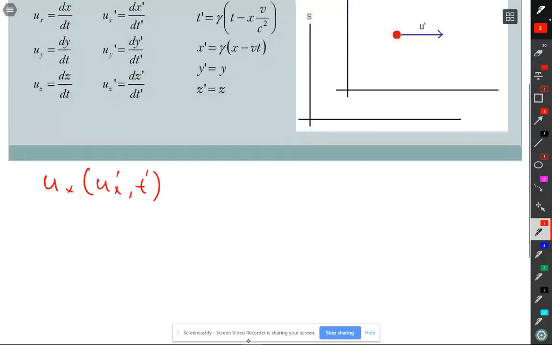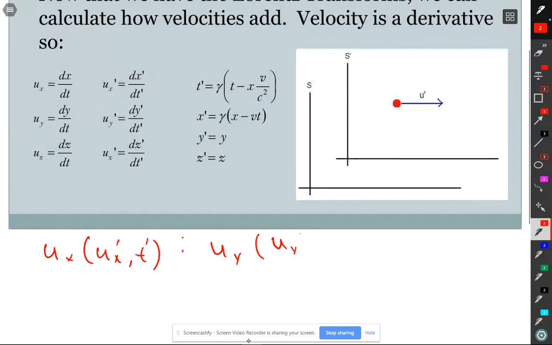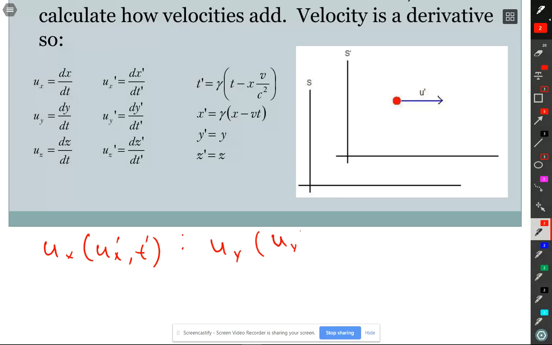And so now what I want to do is have you find uy in terms of... now I got to think about this more carefully. Which way did we do it? No, we did the way I wrote first. So I want you to find uy prime in terms of uy and t.